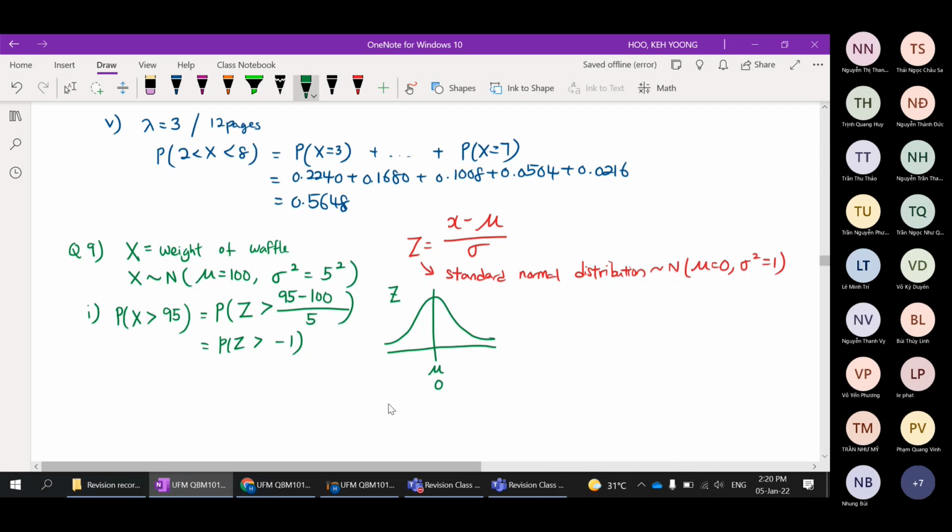Left hand side is negative, right hand side is positive. So -1 will be to the left of the mean. But you want to find Z more than -1, meaning you want to find this area. This is the area: probability Z more than -1.